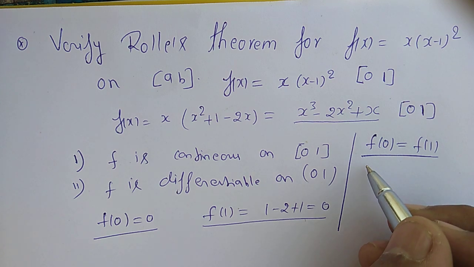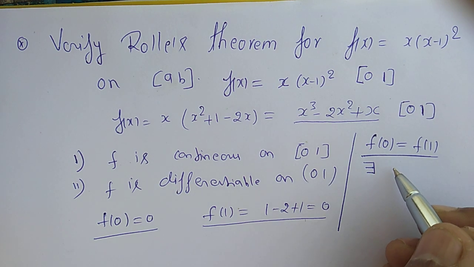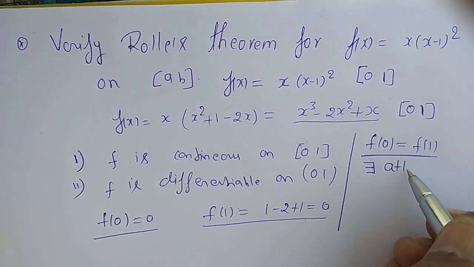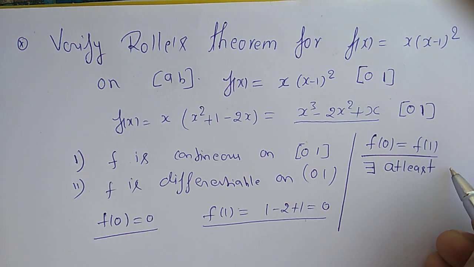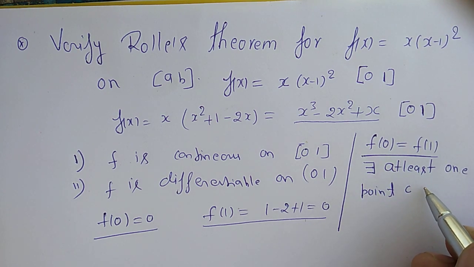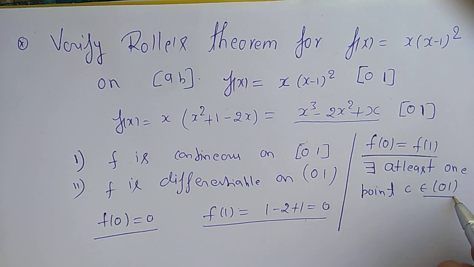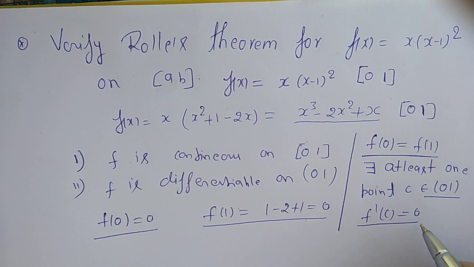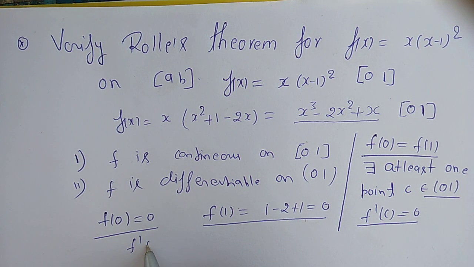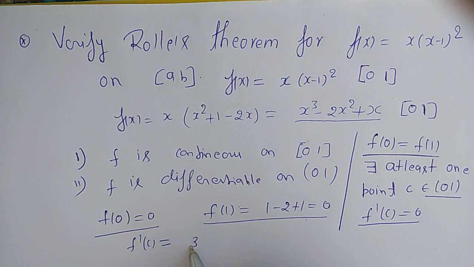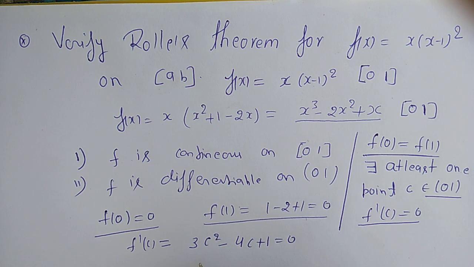Then there exists at least one point c belongs to open interval a b such that f dash c equal to 0. Now what is the f dash c? So f dash c equal to 3c square minus 4c plus 1 equal to 0.